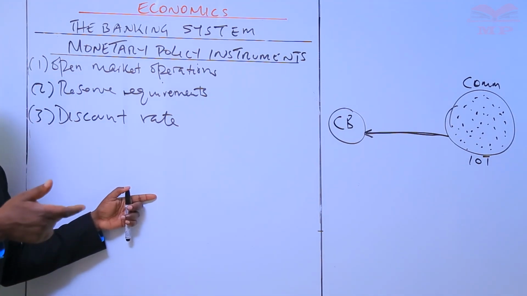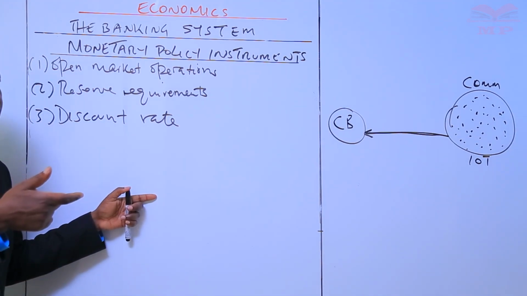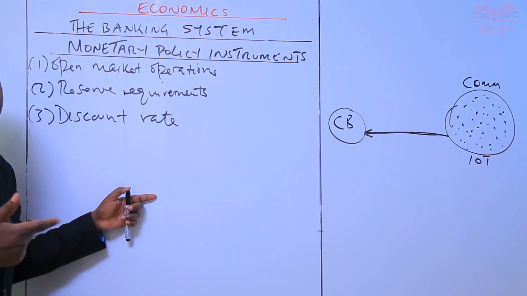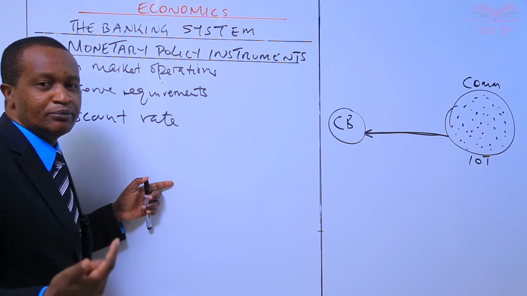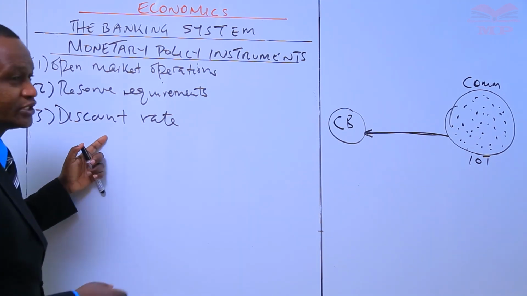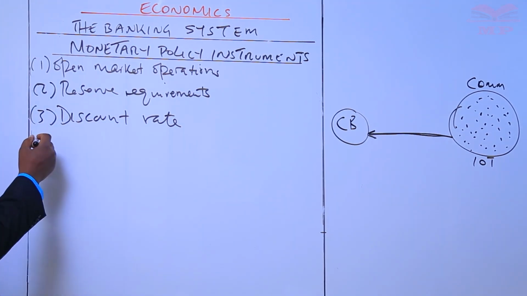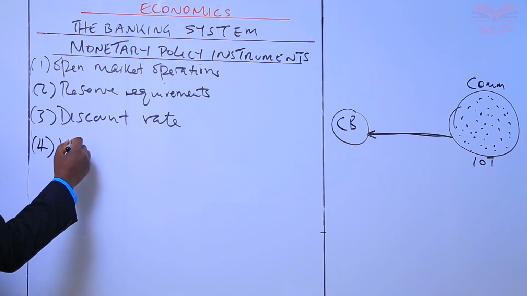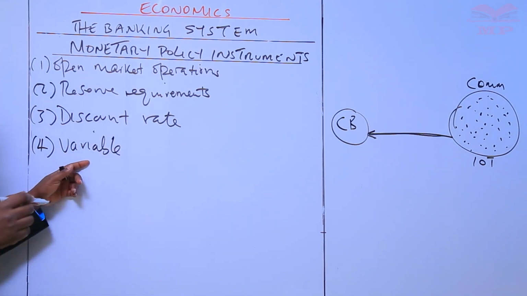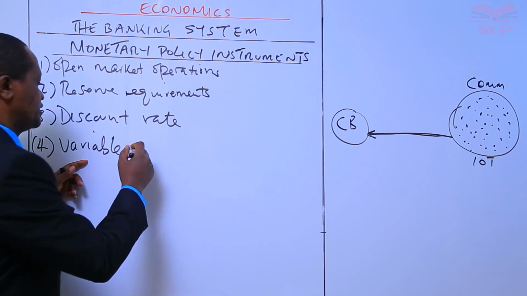Therefore, the discount window can also become the primary source of funds under unusual circumstances. Discount rate. Number 4, variable reserve requirement.